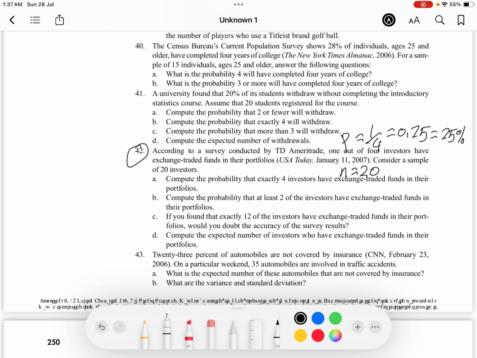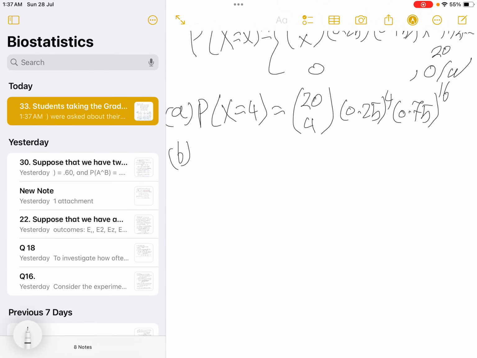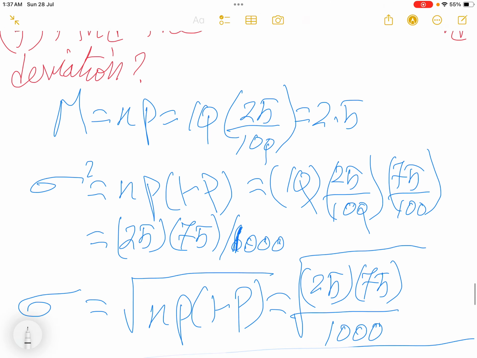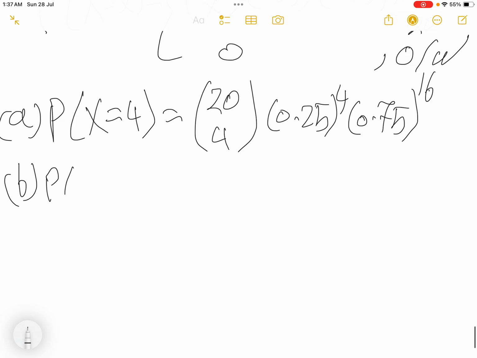At least 2 means probability X greater than or equal to 2, which is 1 minus probability X less than or equal to 1.